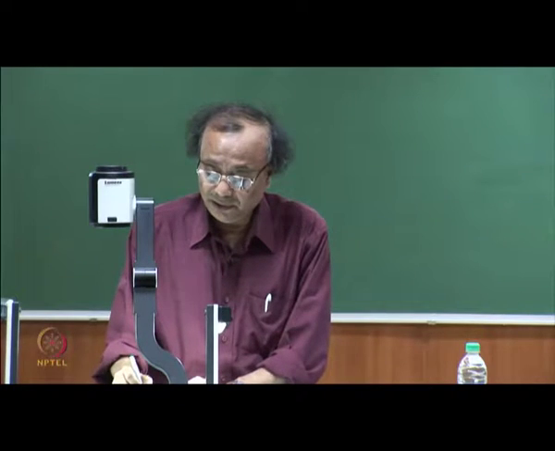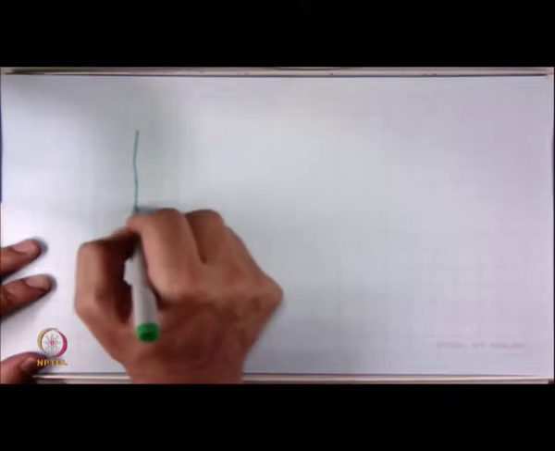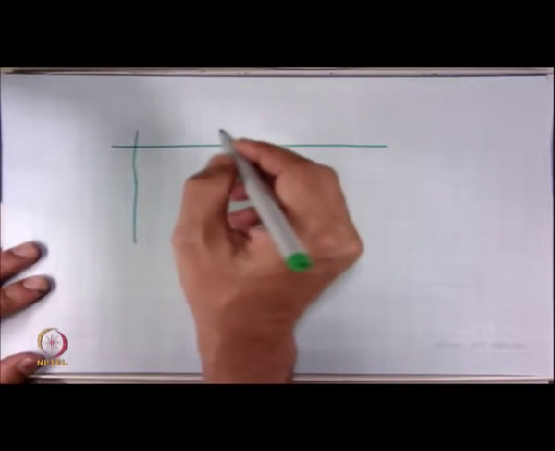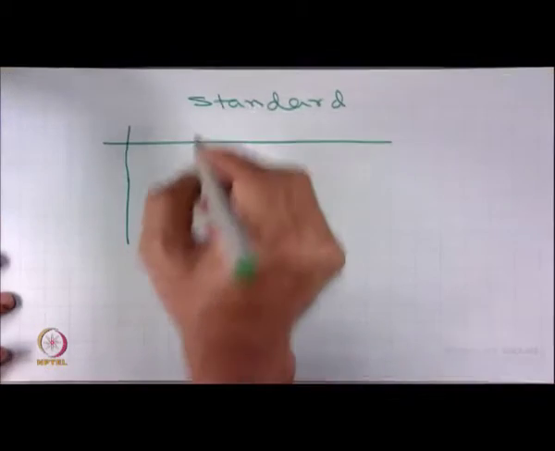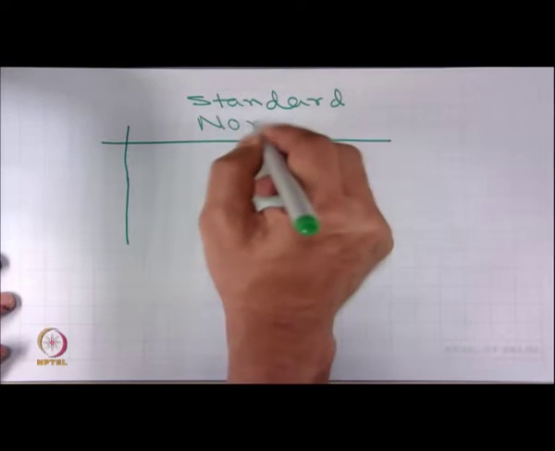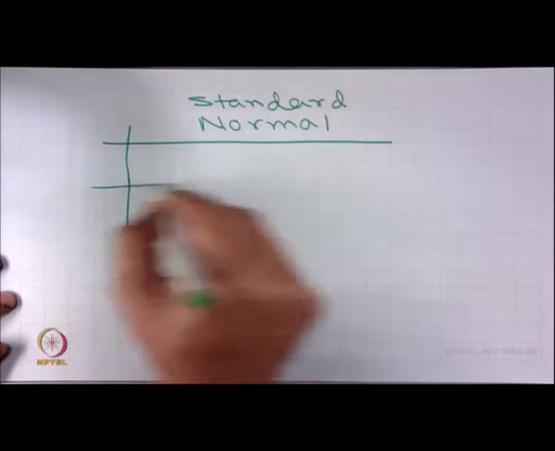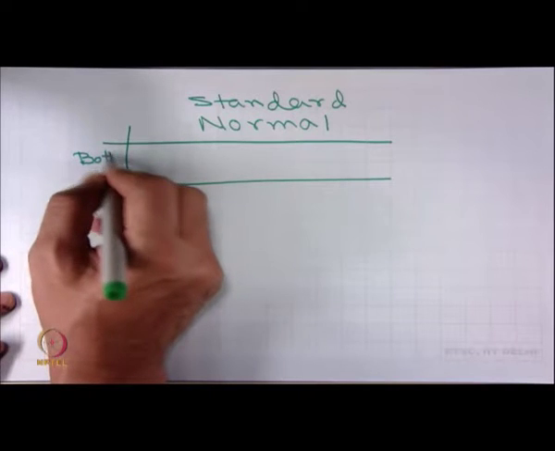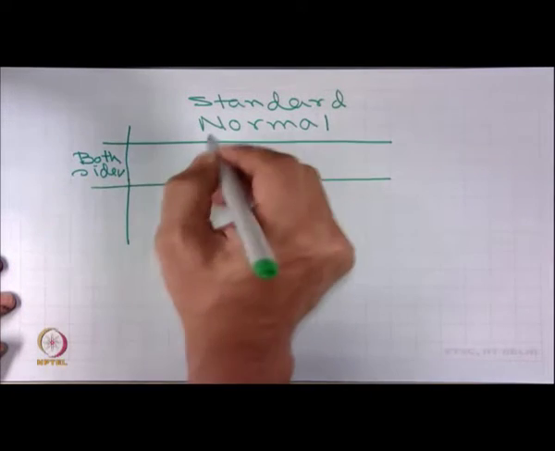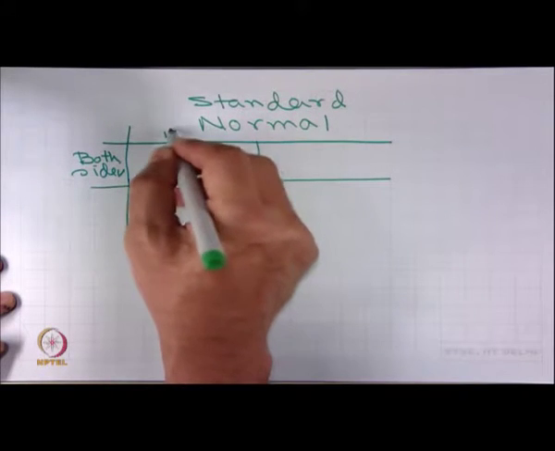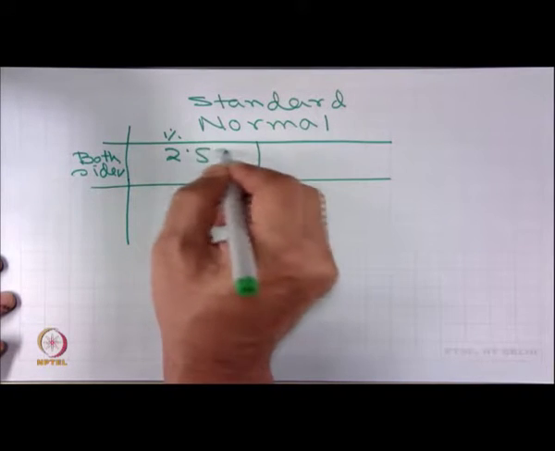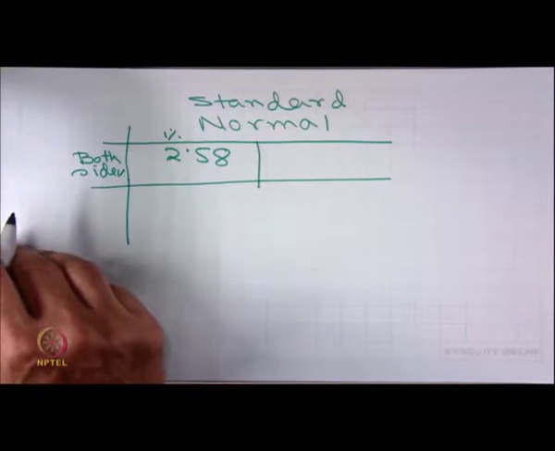So, you remember this table for standard normal. I write it both sided. For 1% the value is 2.58 as we have just observed.